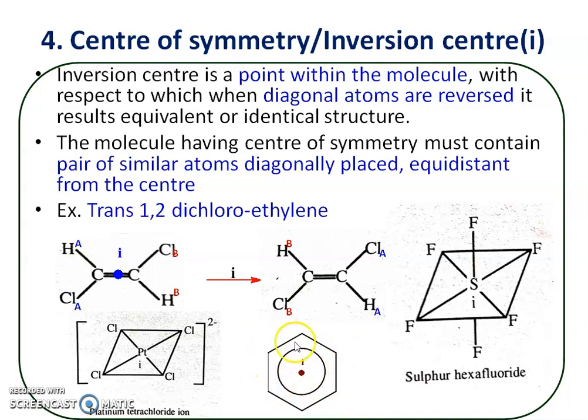Suppose these two are the ortho positions, these are the meta positions, and these are the para positions. Now this meta position is exchanged with this ortho, these are the diagonal atoms. When these two atoms are exchanged simultaneously, this ortho with this meta, and this para with its diagonal partner, we get an equivalent structure.